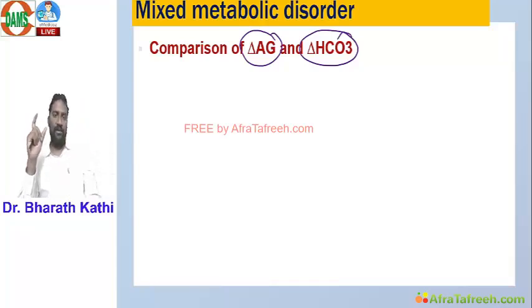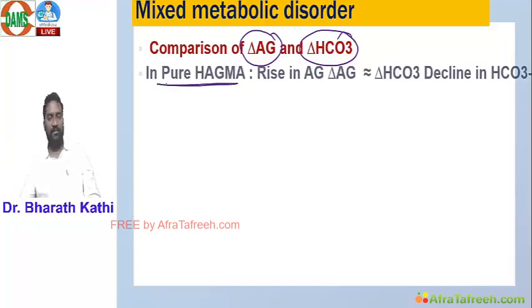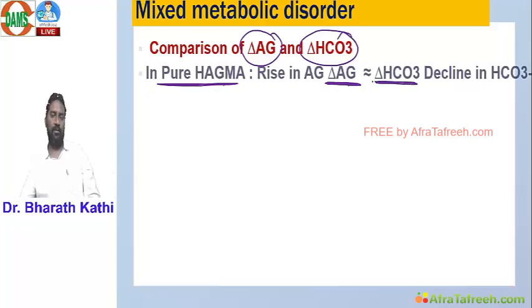So the change in anion gap and change in bicarbonate will be similar. If it is a pure high anion gap metabolic acidosis, the rise in anion gap, that is delta anion gap, will be similar to the fall in bicarbonate.